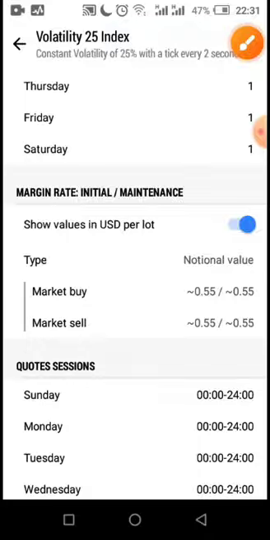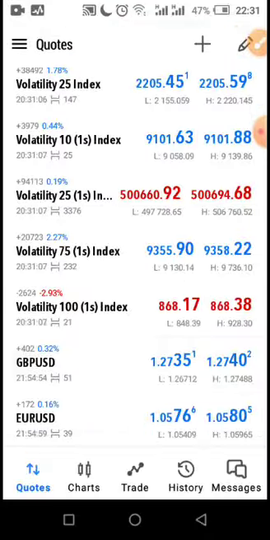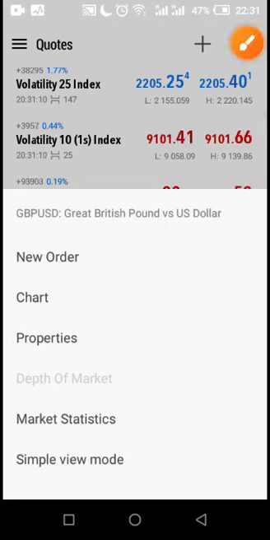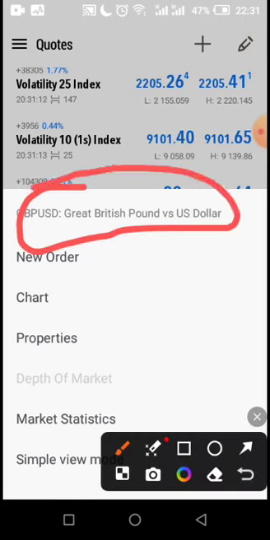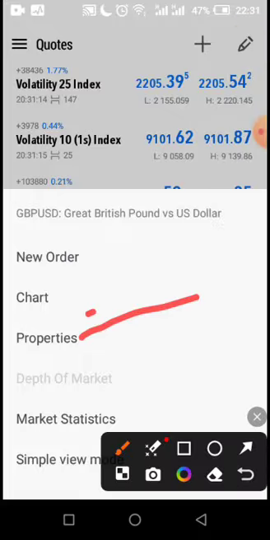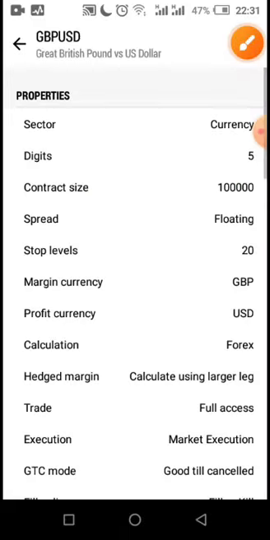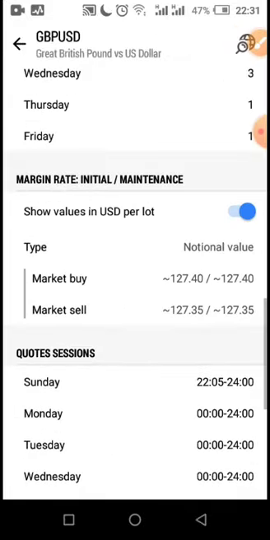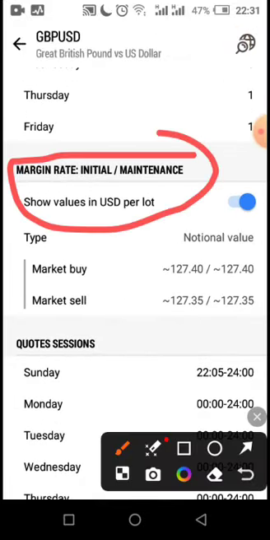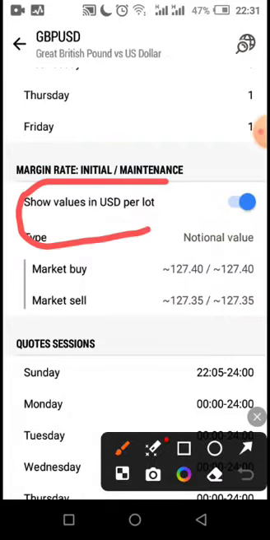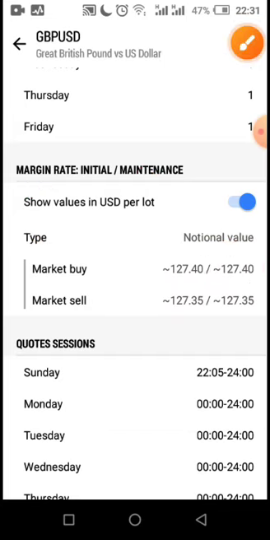But if you compare with financial instruments like the currency pair Great British Pound versus US dollar, and go to its properties, you see that the trading costs are higher. The margin requirement is $127 for each standard lot, and the maintenance margin, if the trade lasts into the next day or more, is another $127.